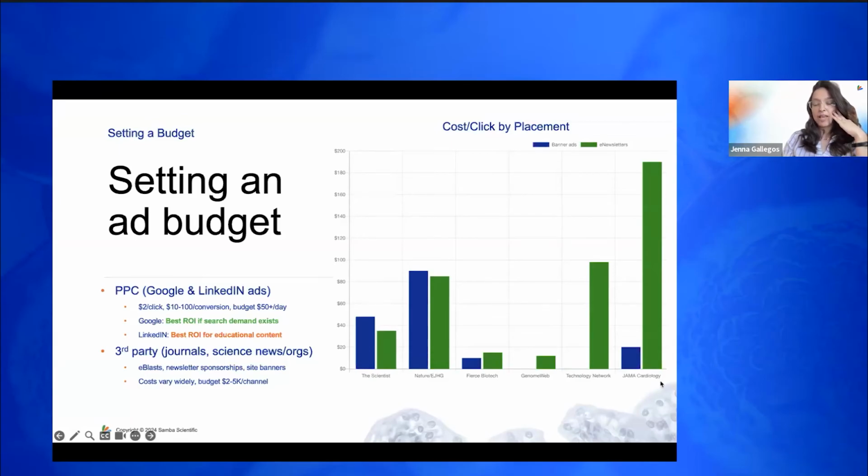So we have a lot more information that we can potentially glean there if you want to reach out and talk about it. Generally, we suggest budgeting $2,000 to $5,000 per channel to try it out. And then if that channel works for you, then it's worth investing more. But if your ad budget is limited, and there is search volume, definitely start with Google. If there's not, start with LinkedIn and then move into third party.